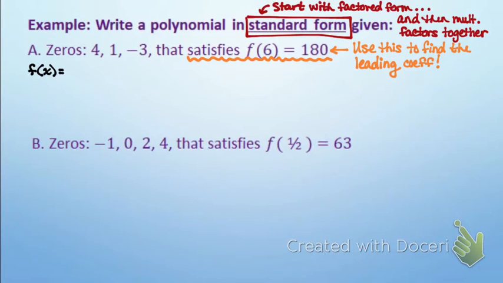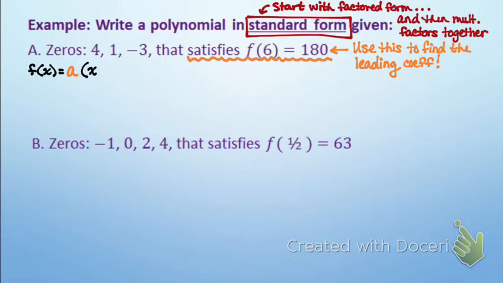So f of x equals, what information can I write with just the zeros? Absolutely. And what else do I have to make sure to put in there as a placeholder because I don't have it yet? Put your leading coefficient a in there.